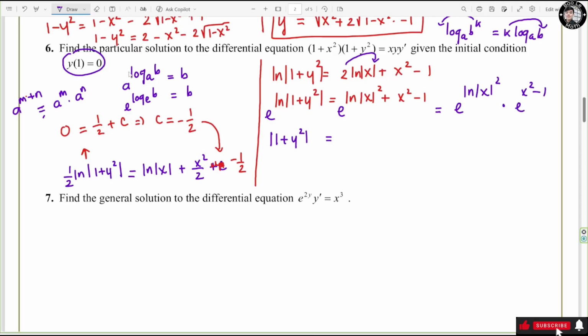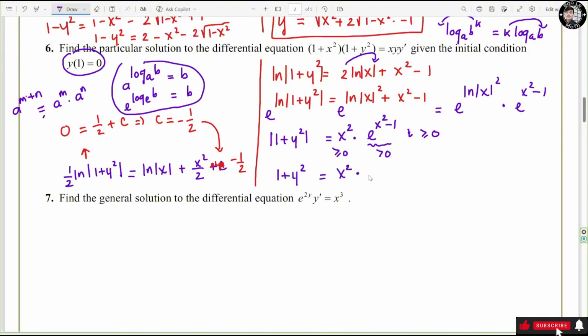Now I apply the formula here, so this becomes absolute value of s squared. Because s squared is always positive, I don't need the absolute value sign anymore. So I have s squared times e to the s squared minus 1. I have 1 plus y squared equals s squared times e to the s squared minus 1.